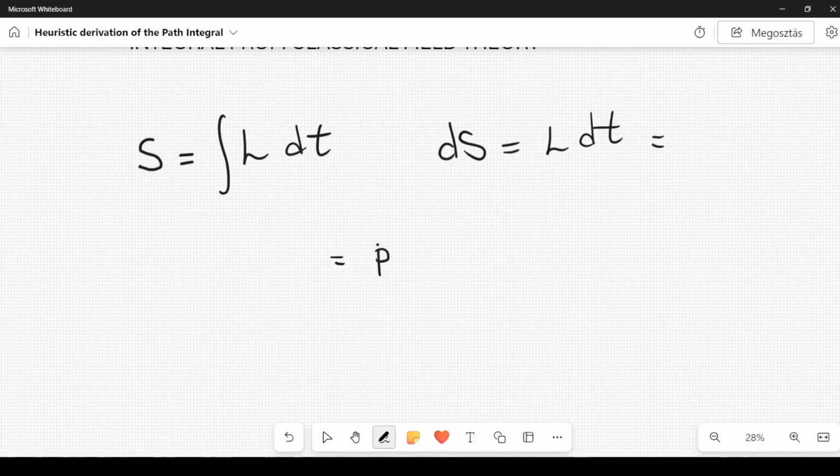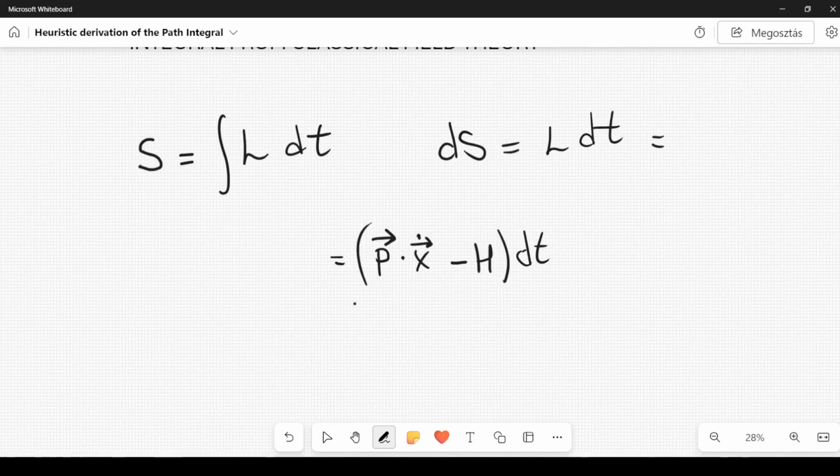So we can write the Lagrangian as p dot x dot, where p is the vector related to momentum, and x dot is the vector related to the velocity of our system, minus the Hamiltonian dt. So this is the Lagrangian.